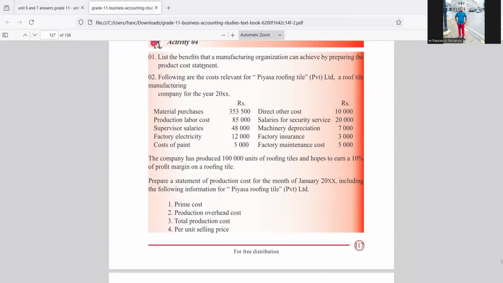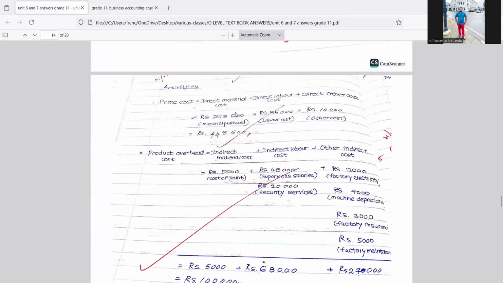Then this is activity 4, where you have been asked to find the prime cost. So how to find the prime cost? It is the summation of direct material, direct labor, and direct other costs. So in this question, you have material purchase, labor cost, and other costs. Then production overhead cost is the summation of indirect material, indirect labor, and other indirect costs.